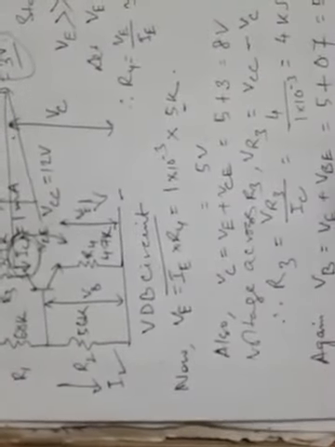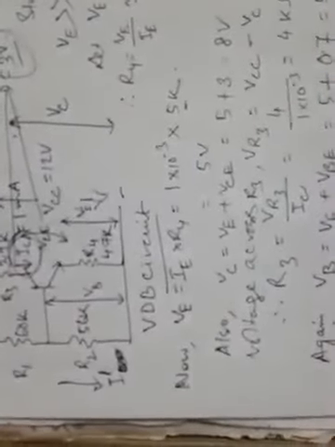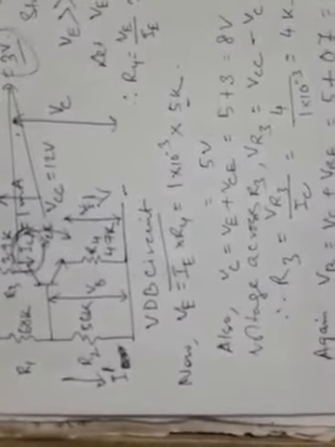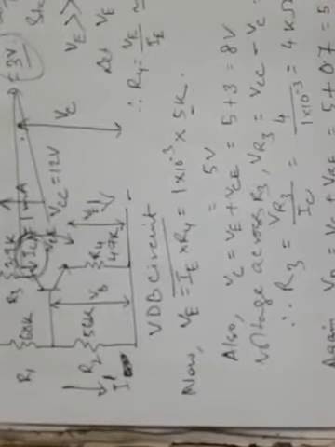So I2 is IC divided by 10. Or, to keep the similarity with the previous problem, let this be I dash, then you can understand better. So I dash equals IC by 10. Here IC is 1 milliampere divided by 10. So this is how much? 100 microampere.